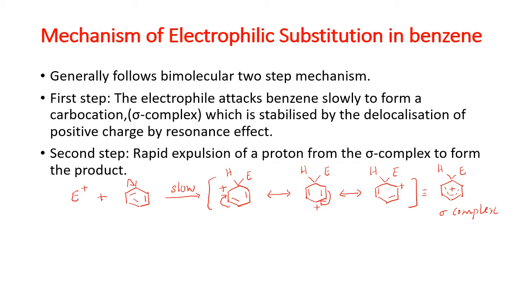So formation of the sigma complex is the slow and rate determining step, and in the second step, which is the fast step, an H+ is expelled, and we get the substituted product.